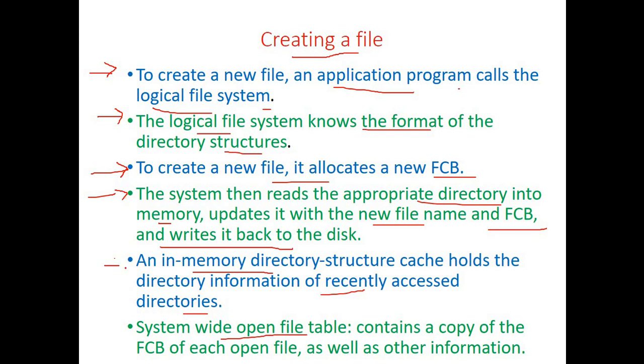Then the system also maintains an in-memory directory structure cache that holds the recently accessed directory information. And the system-wide open file table holds a copy of the FCB of each file as well as the other file related information for all the processes in the system.